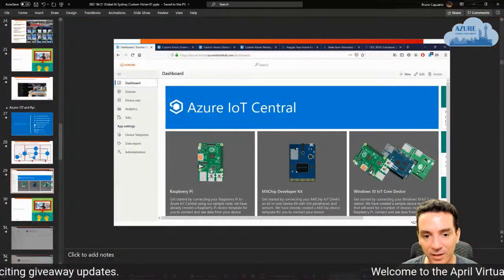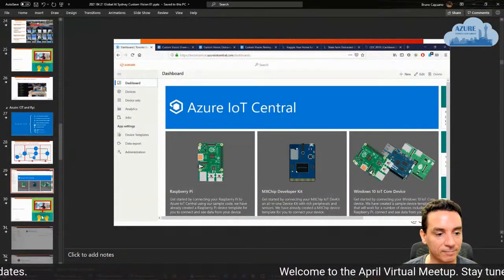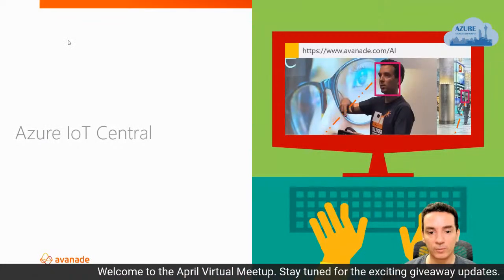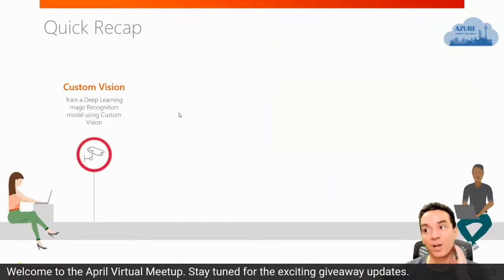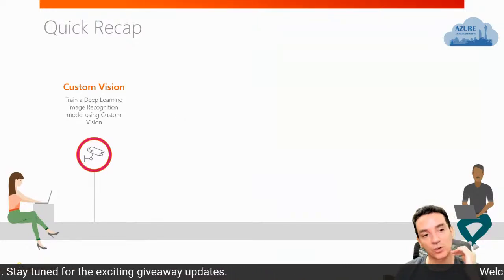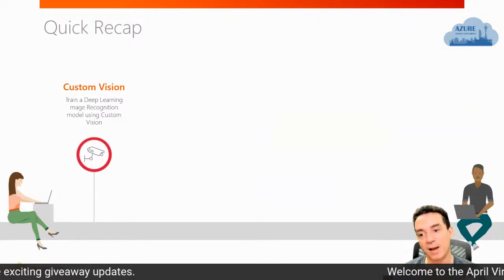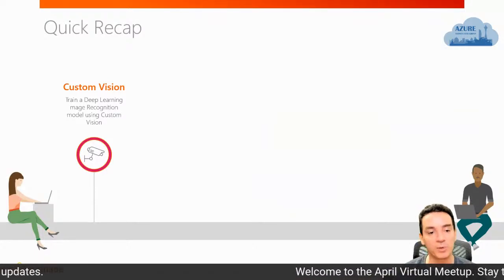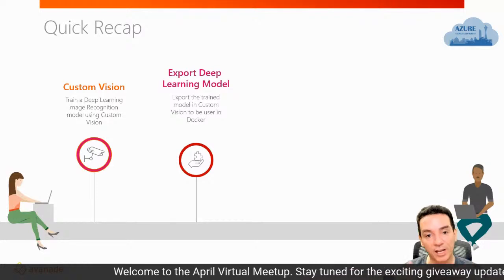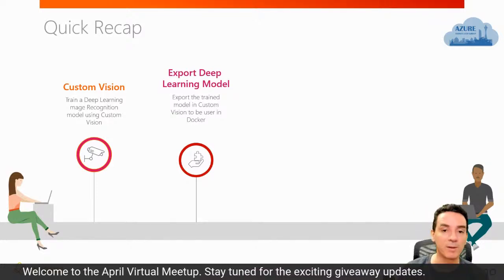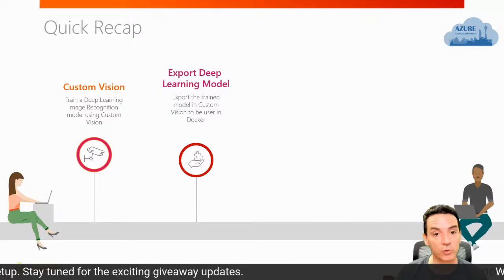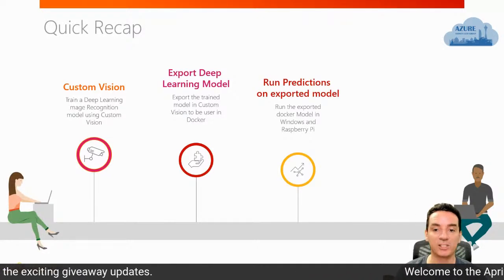So I'm getting close to the end, as I mentioned. Let me start the slides. So this is a quick recap of what we did. I talked a little about how you can do custom vision, how you can use a pre-packaged service to create these computer vision models without any line of code, how you can export this deep learning model to be used, for example, in a Docker container, which is super useful, and then how you can run these predictions in Windows.